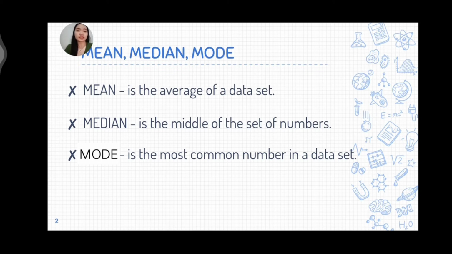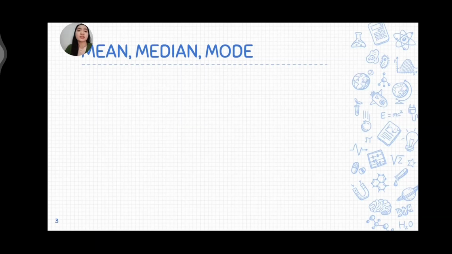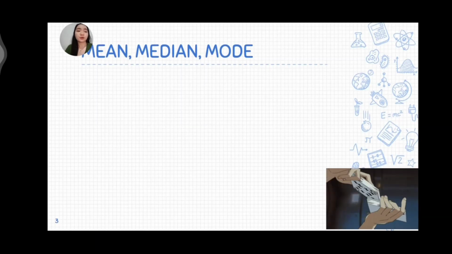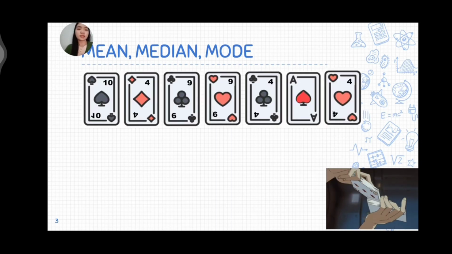We have to proceed to an example. Let's say I am going to draw cards from a deck of cards. Let's say 7 cards, and these are the 7 cards that I have drawn: the spade of 10, diamond of 4, club of 9, heart of 9, club of 4, an ace, and heart of 4.